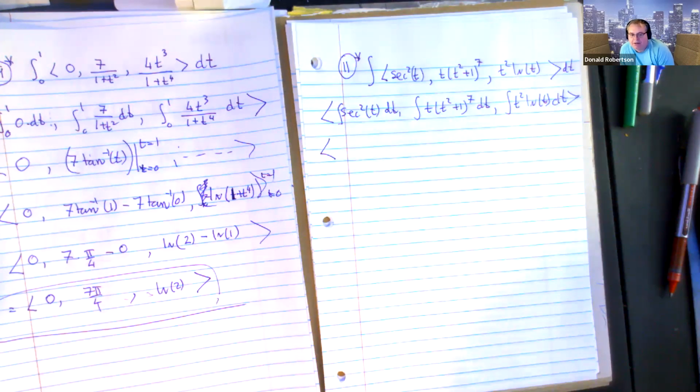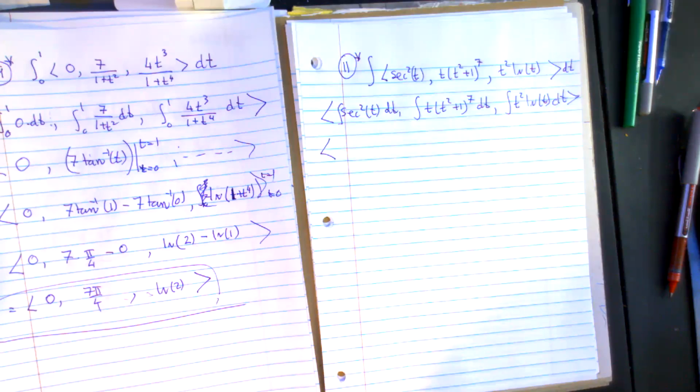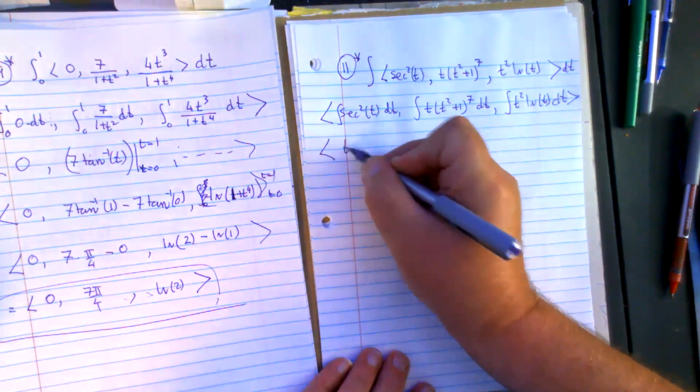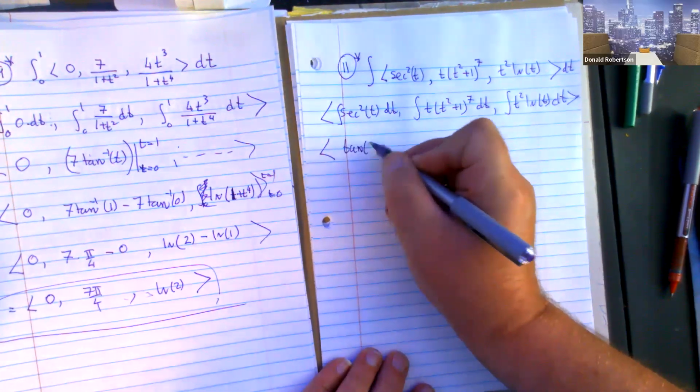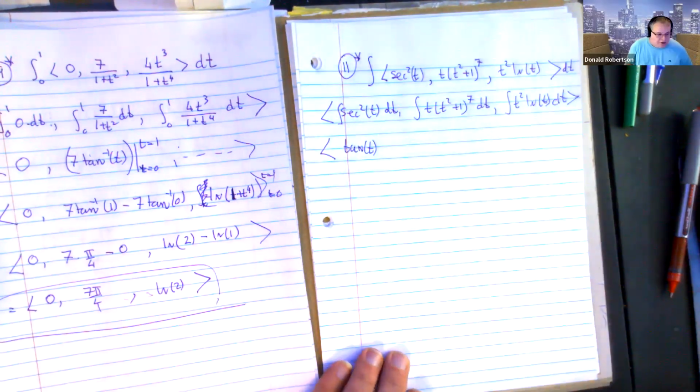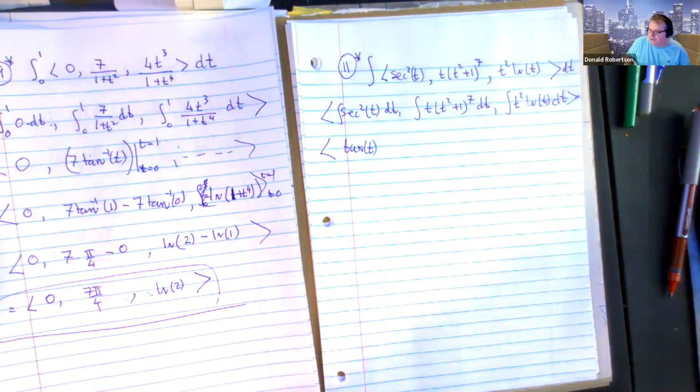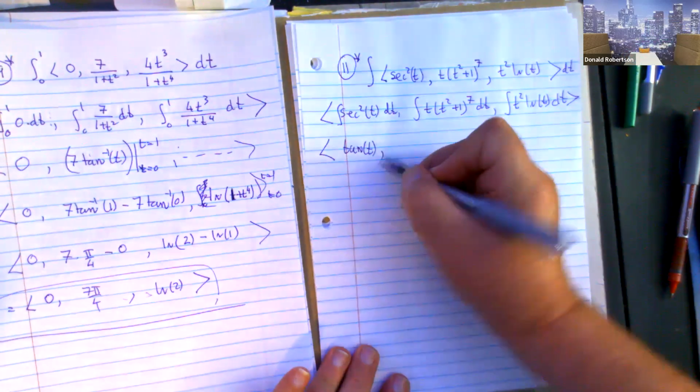Do you remember what the integral of secant squared t is? It's a standard integral. It's in the trig family. Just tangent of t. Technically speaking, tangent plus c, but they did the plus c for us, so we don't need to put it in here. So we can just call it tangent t.